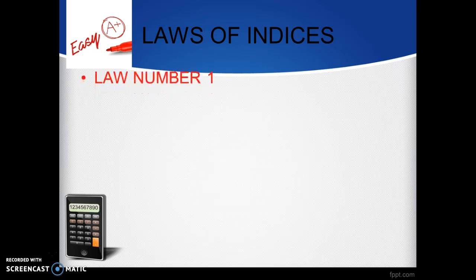So law number 1 states that suppose you have a number a raised to m and you multiply that number by the same a, so you multiply the number by the same coefficient and you raise that number to n. Then if the numbers have the same coefficient, the law says that you can simply add its indexes and you will have a raised to m plus n.